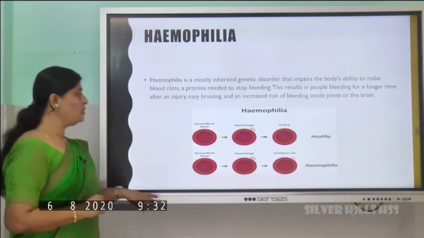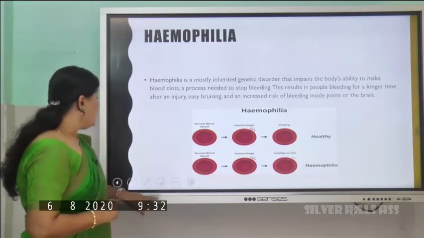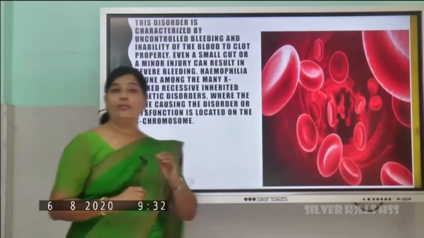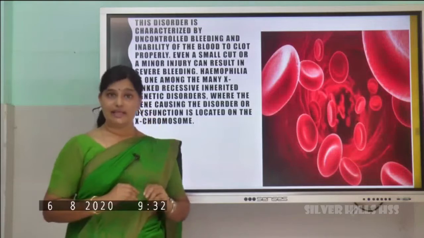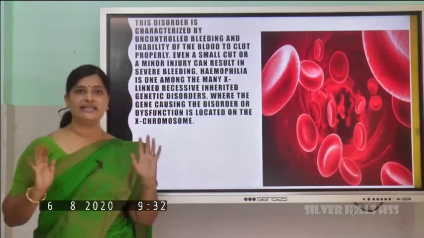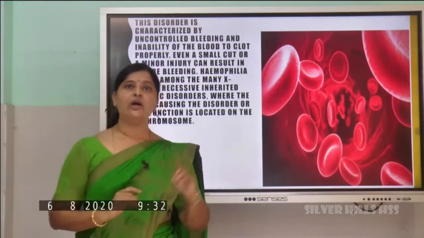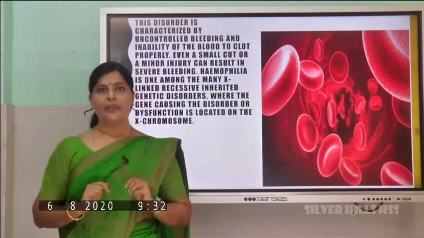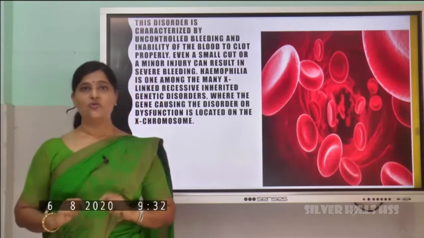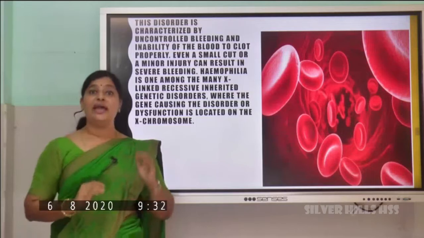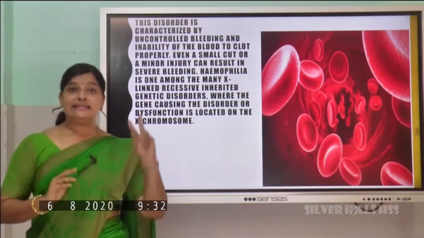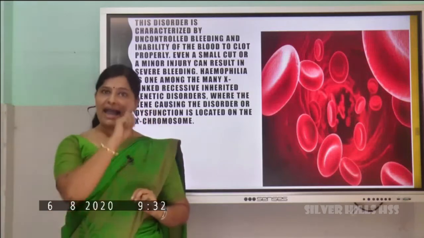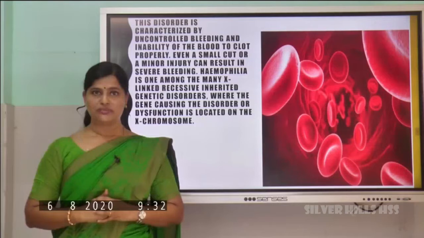So we all know that we have 46 chromosomes, isn't it? Out of that, 44 chromosomes are called autosomes. And we have a set of sex chromosomes. In males, these sex chromosomes are X and Y, right?